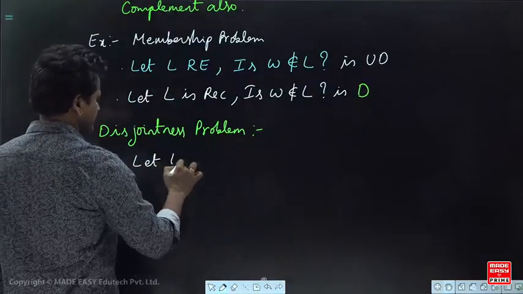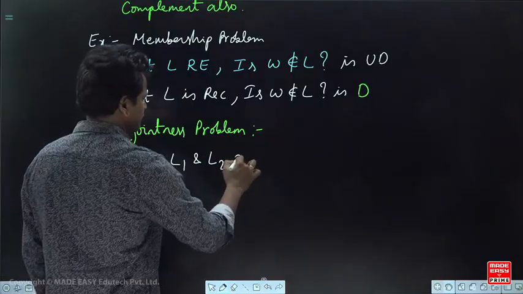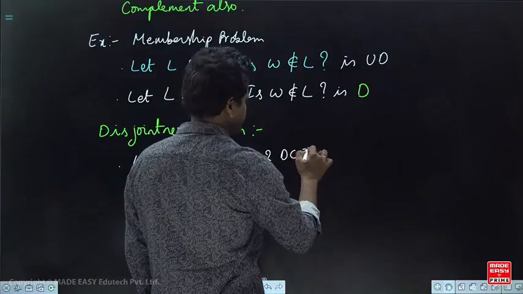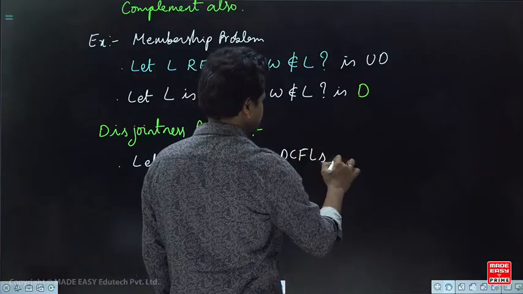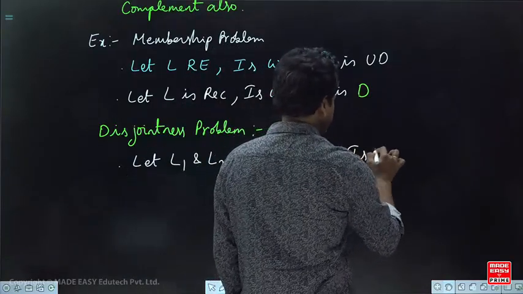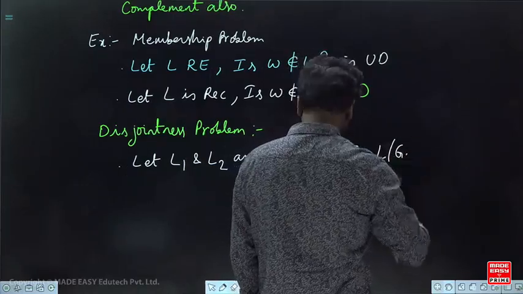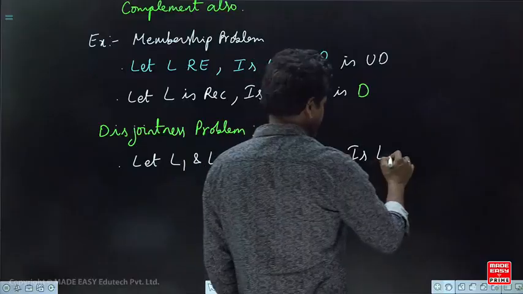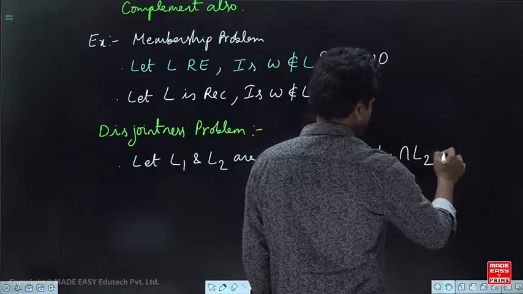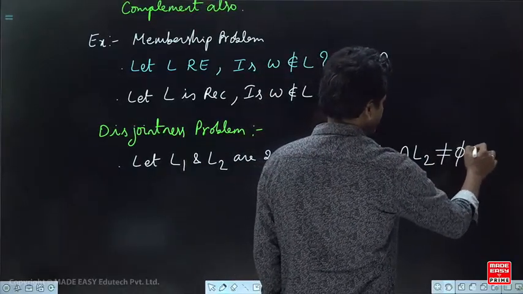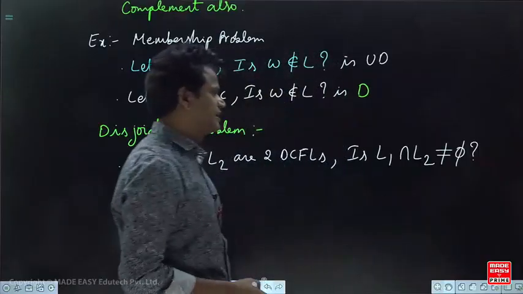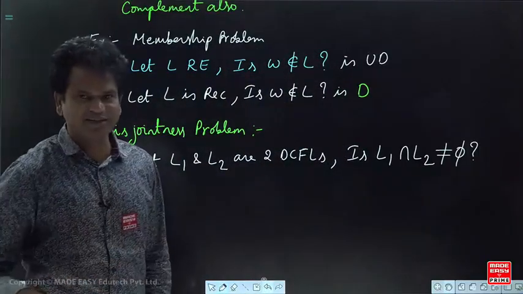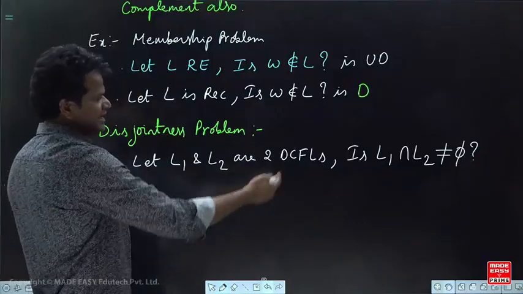Let L1 and L2 be two DCFLs, deterministic context-free languages. Then is L1 intersection L2 not equal to empty? Here a language is given, so directly L1 intersection L2.